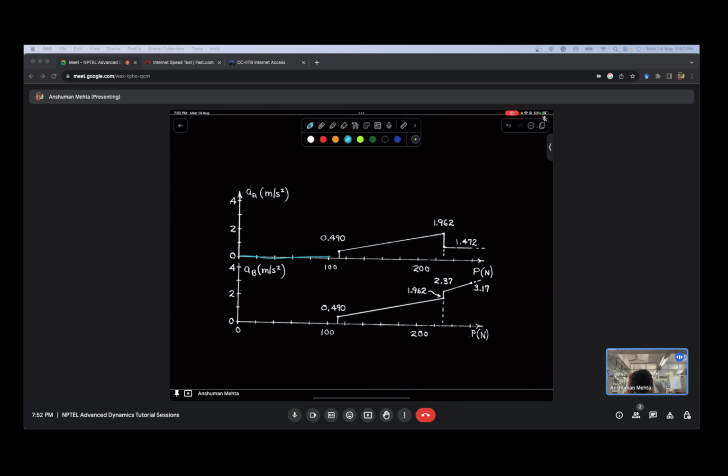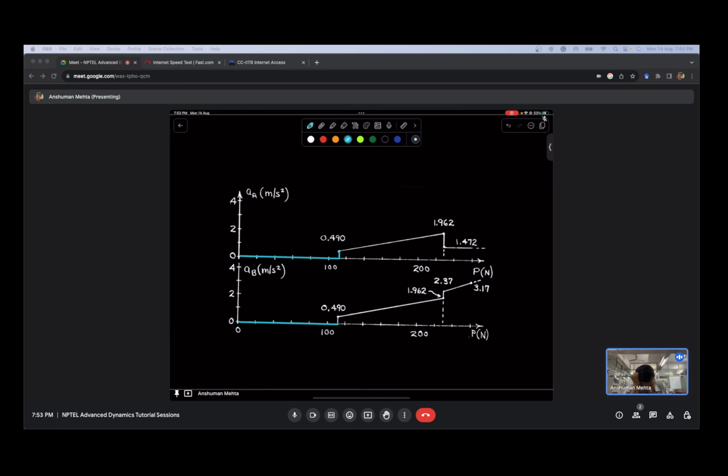So from 0 it will be from 0 to at this point, and similarly B, equation of B will be also something like this.